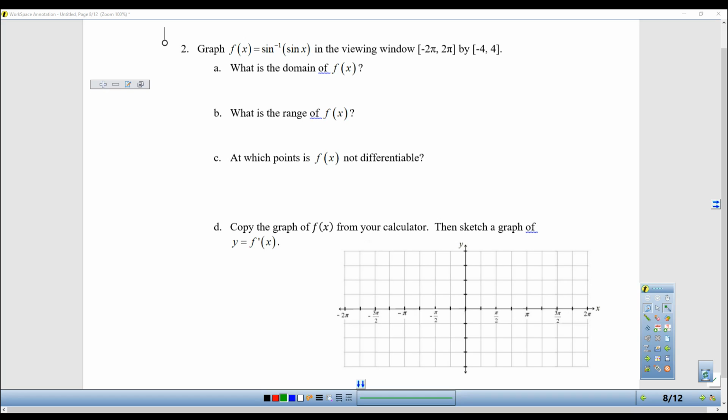So you can put zeros at negative 2 pi, at negative pi, at 0, at pi, and at 2 pi. And what that ends up doing to it is it makes it go up to there, and then down to there. This is what it looks like.